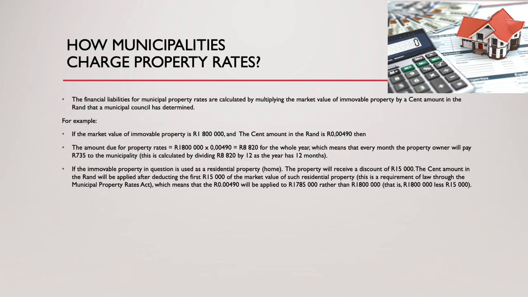The same amount in the rand will be applied after deducting the first 15,000 rands off the market value of the property, and this is a requirement of law through the Municipal Property Rates Act, which means that the 49 cents in the rand as determined by the local municipality will be applied to the new market value of 1,785,000 rands rather than the 1,800,000 rands. That is 1.8 million less the discount of 15,000 rands.